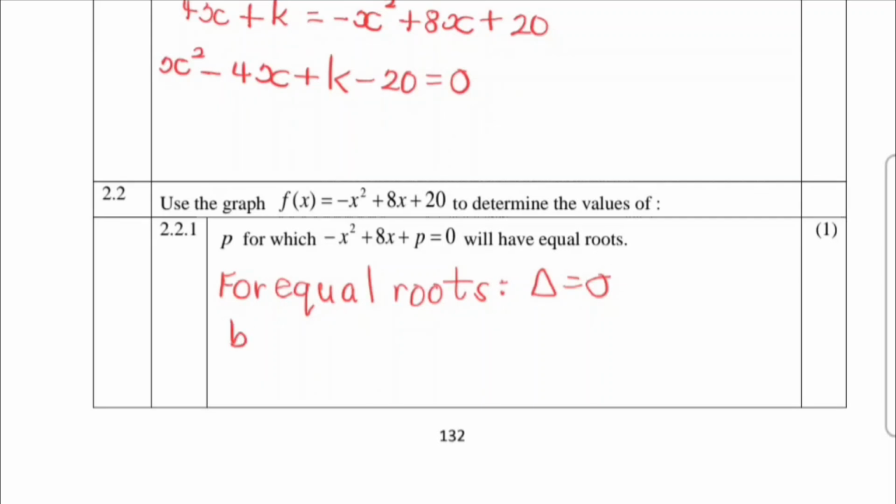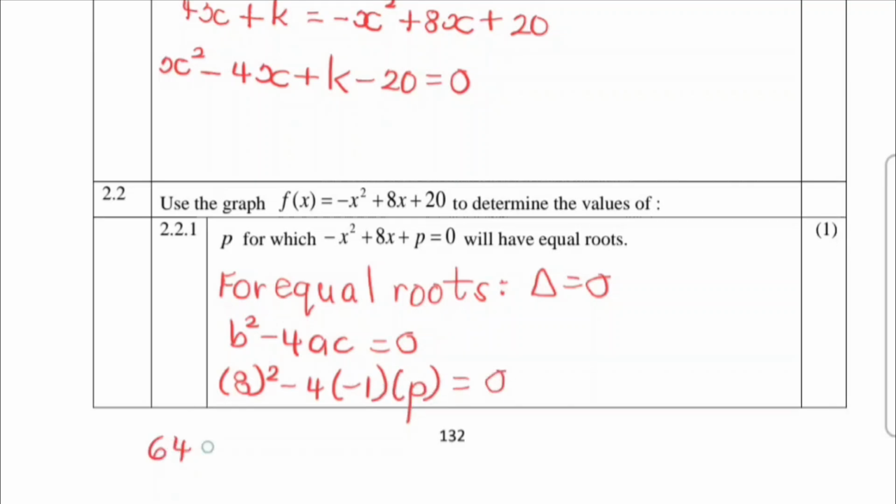So if we get b squared minus 4ac is equal to 0, and we substitute, our b value here is 8, a is negative 1, c is p. Simplifying, we have 64 plus 4p equals 0.